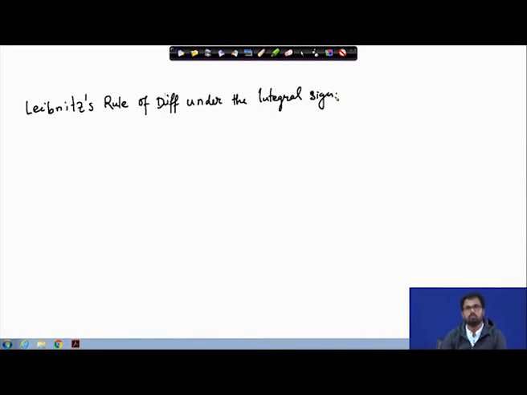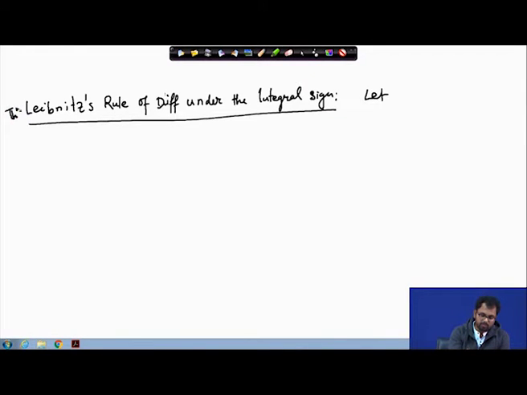Leibniz was a German mathematician. Now the statement goes like this. This can basically be viewed as a theorem, we can consider it as theorem 2.